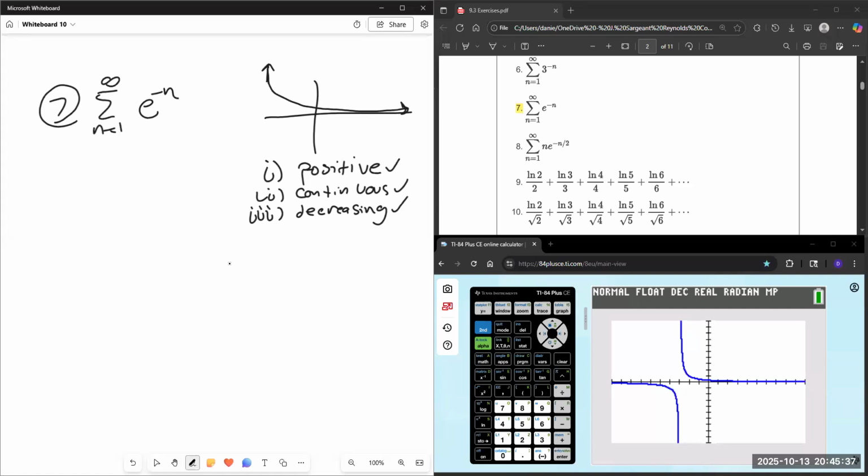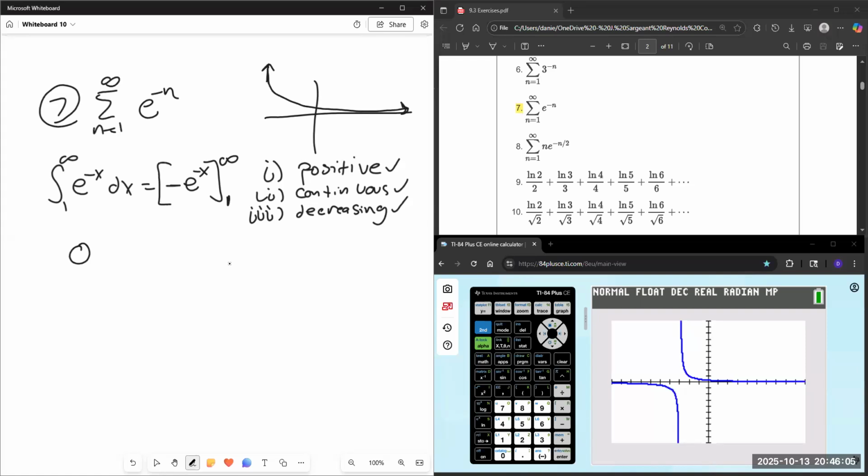So let's go ahead and set up the integral now. 1 to infinity of e to the negative x dx will be a negative e to the negative x, and that's going to be evaluated from 1 to the limit as we go to infinity, right? I'm just going to write that. So as I go towards infinity over here, e to the negative x goes towards 0.